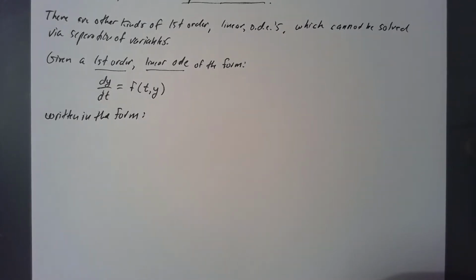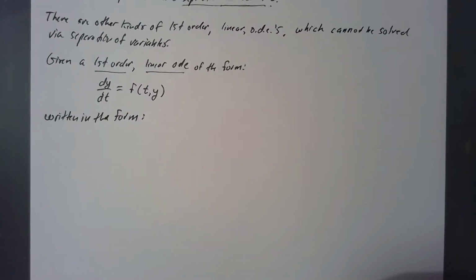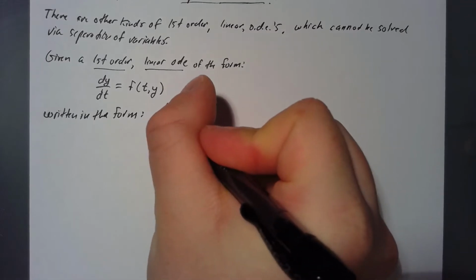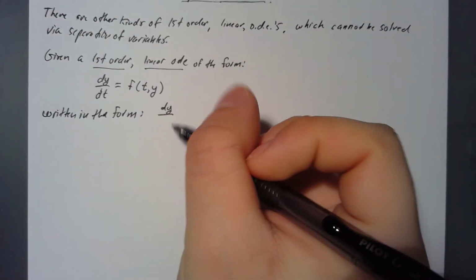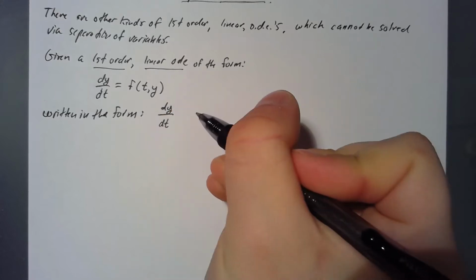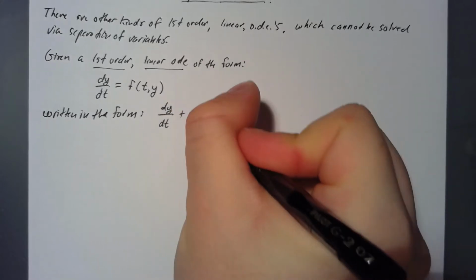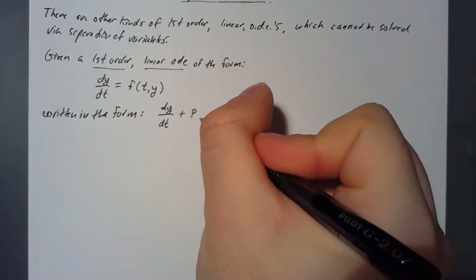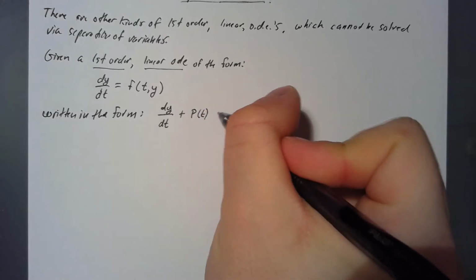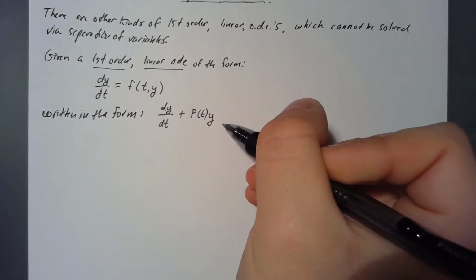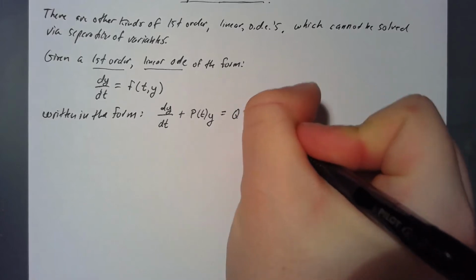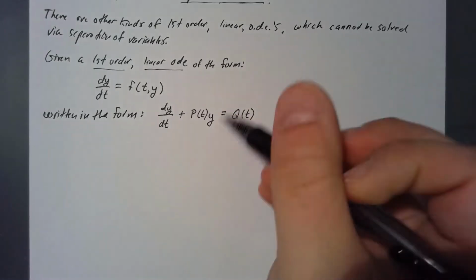I'm going to go through it right now. They're going to be written in the form dy/dt plus p of t times y equals q of t.